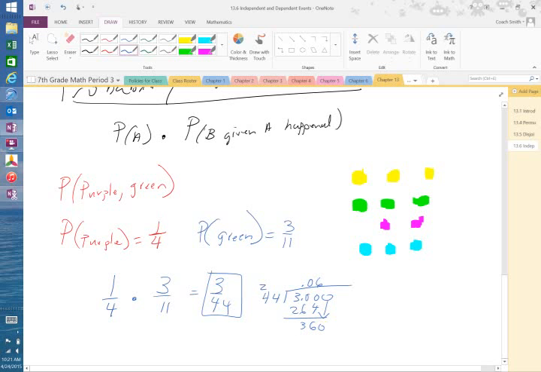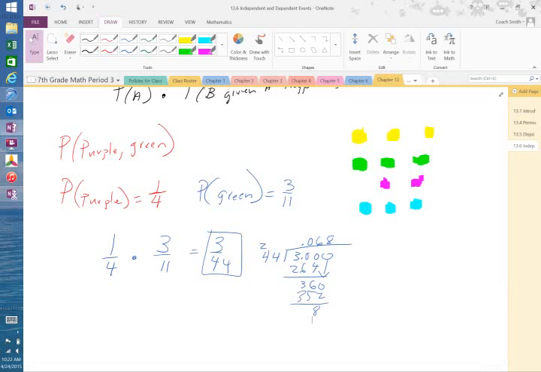Bring down my 0. 4 goes into that 8 times. 8 times 44 is 352, remainder 8. Bring down my 0. Okay, so we'll just call it 0.0681.